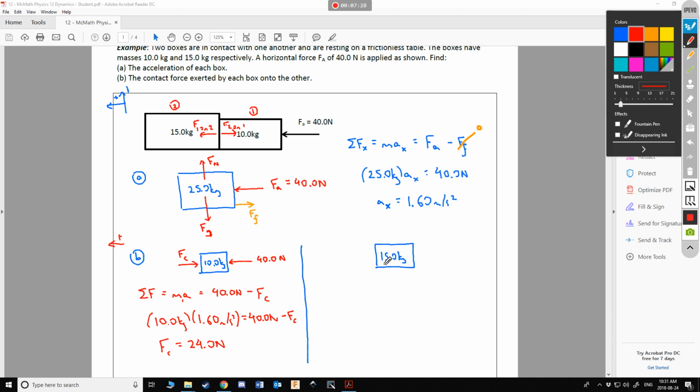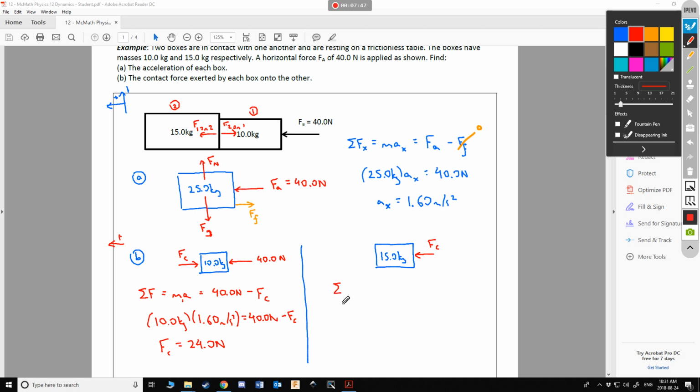If we look at the 15 kilogram block, the 40 Newton force is not actually pushing directly on the 15 kilogram block. What's making it accelerate is just that contact force, block 1 pushing on block 2, so FC.